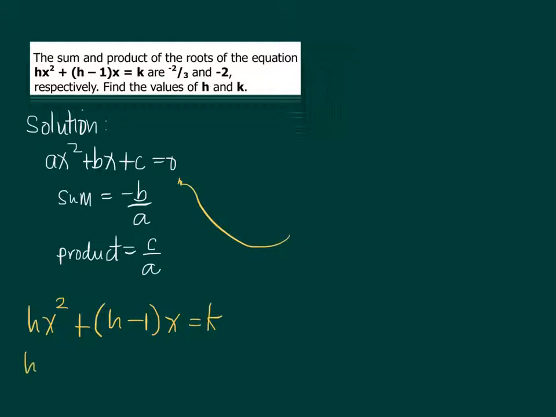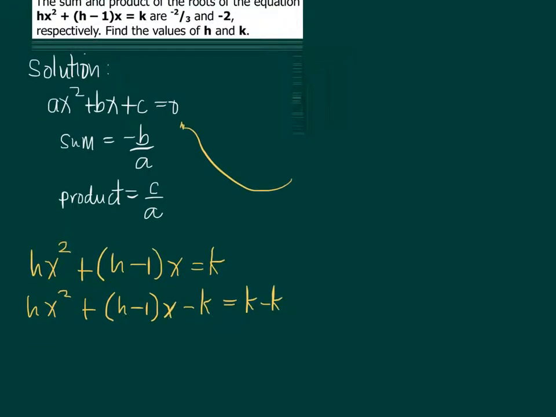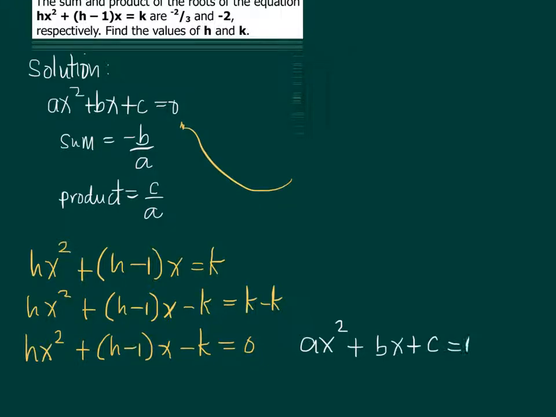So we should have hx squared plus (h minus 1)x minus k on the left side, and minus k on the other side. So this will make the equation hx squared plus (h minus 1)x minus k is equal to 0. So at this point, it's already in the form ax squared plus bx plus c equal to 0.